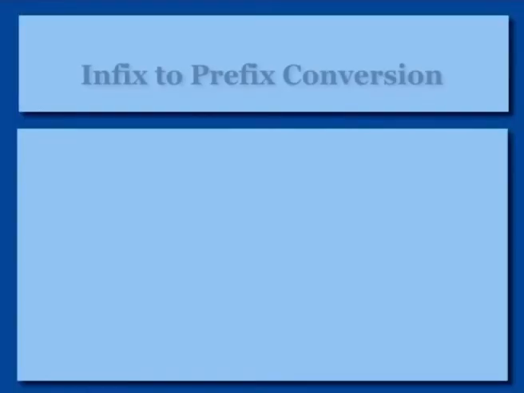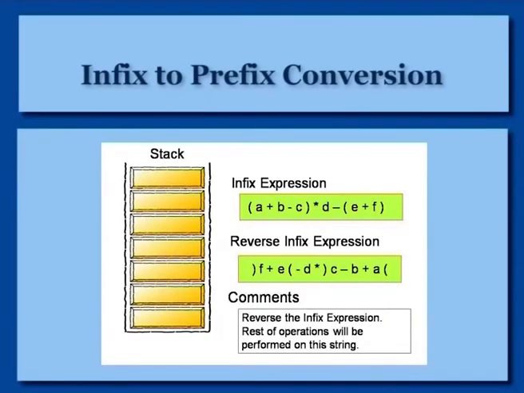We now explain the algorithm with an example. Consider the following infix expression: opening bracket a plus b minus c closing bracket star d minus opening bracket e plus f closing bracket.